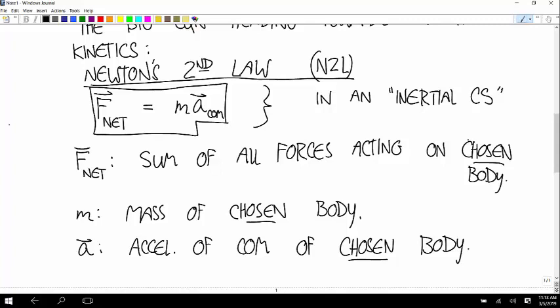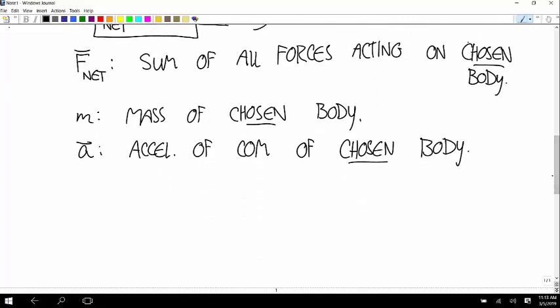So I have to define three things before we can start using this at all. We need to define three new things.